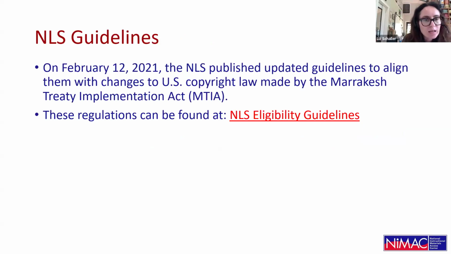Those NLS guidelines were updated in 2021 to better align them with some changes to U.S. copyright law made by the Marrakesh Treaty. If you have any questions or are interested in seeing those new regulations, they can be found at the link that Alexa will put in the chat.